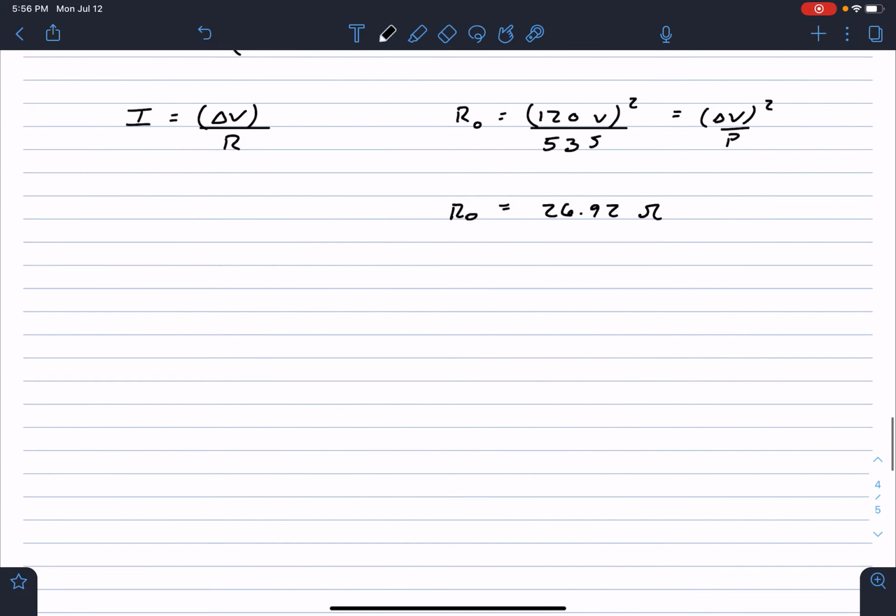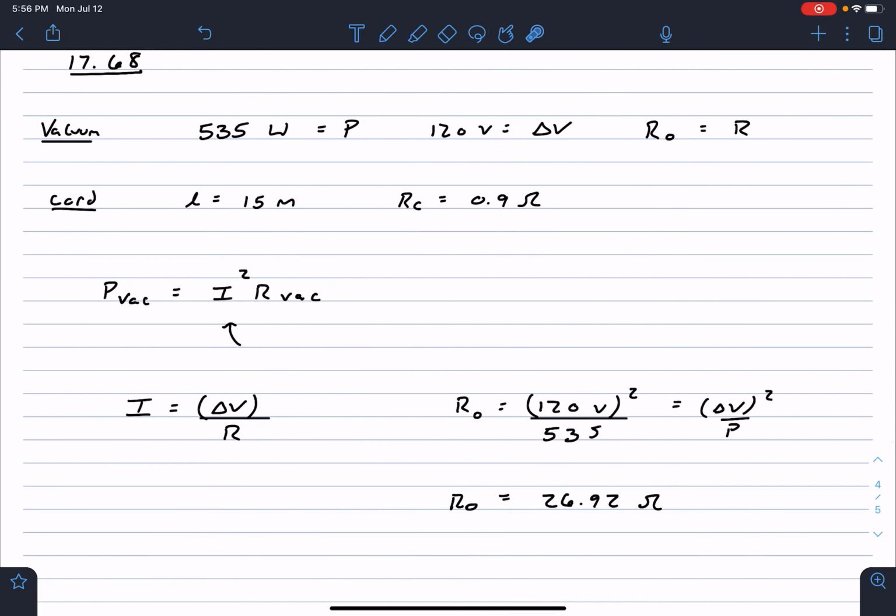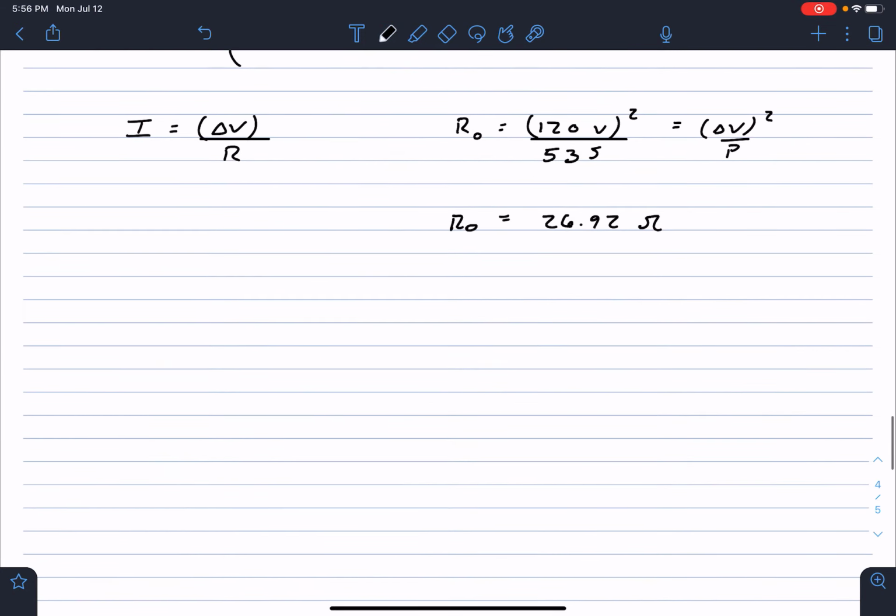So next we're going to have to add up. Remember, we wanted to sum up the total resistance because we need the total current. So recall that we have 0.9 ohms for each of two conductors inside the cable.